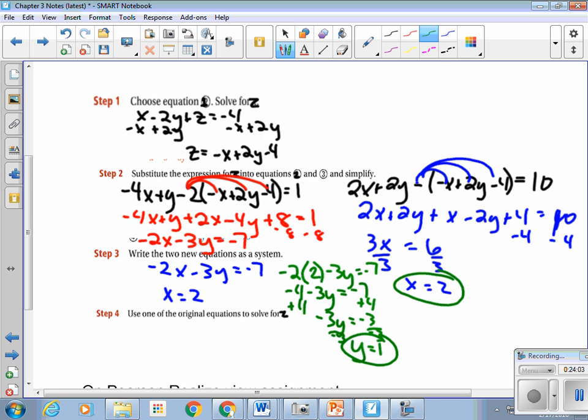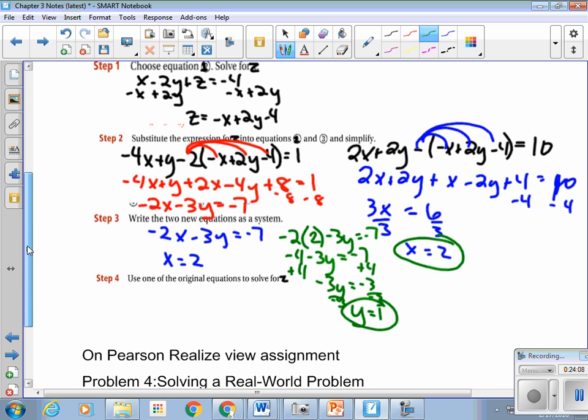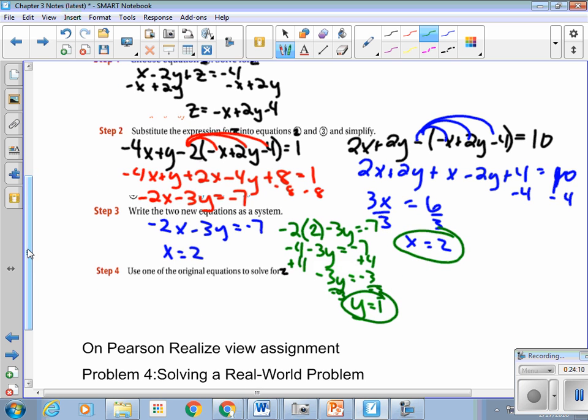Let's go ahead and find our z. I'll take the top one. Oh no, I'm going to take this guy. Z equals negative x plus 2y minus 4. Negative 2 plus 2 is 0. Minus 4 is negative 4.